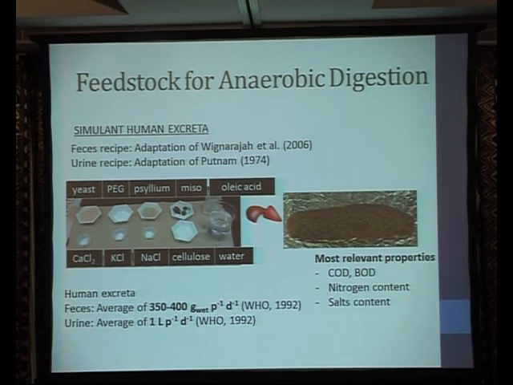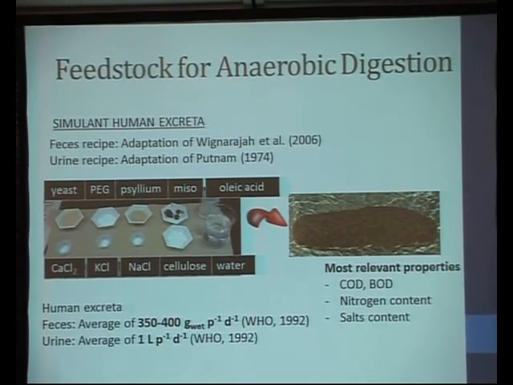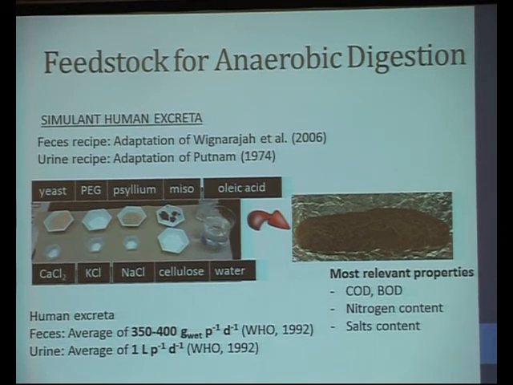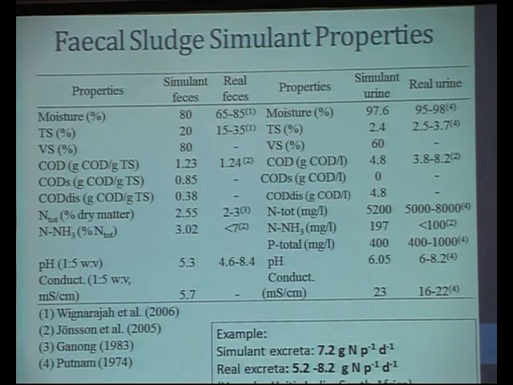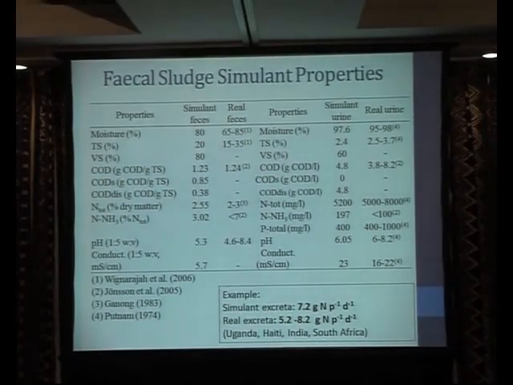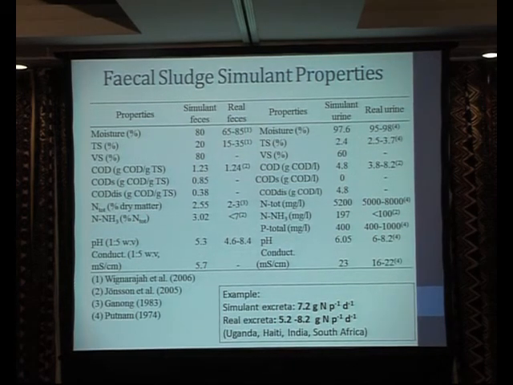And we're using some of the average values published by the World Health Organization as our target, about 400 grams of wet feces per day, 1 liter of urine. A lot of numbers here, but we don't want to go into too much detail. The bottom line is that we are matching the real thing with our recipe.